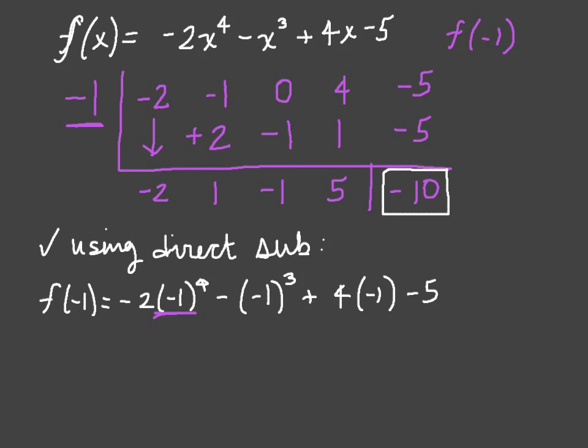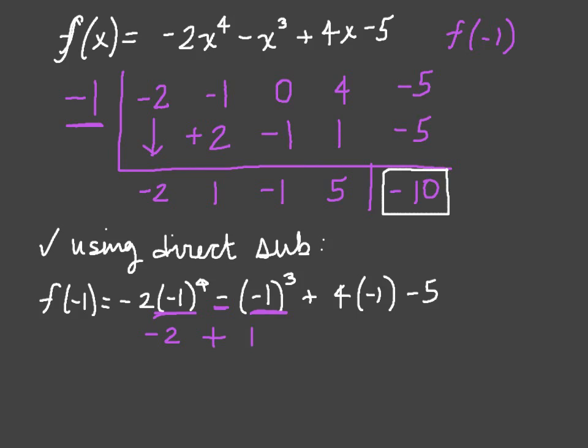Negative 2 times 1 is negative 2. So we've simplified that term without a calculator. Yay! The next term, negative 1 cubed, that's going to get us back in the negatives, so that is negative 1. But we're subtracting because of this minus here, so that ends up being plus 1, because it was minus negative 1.